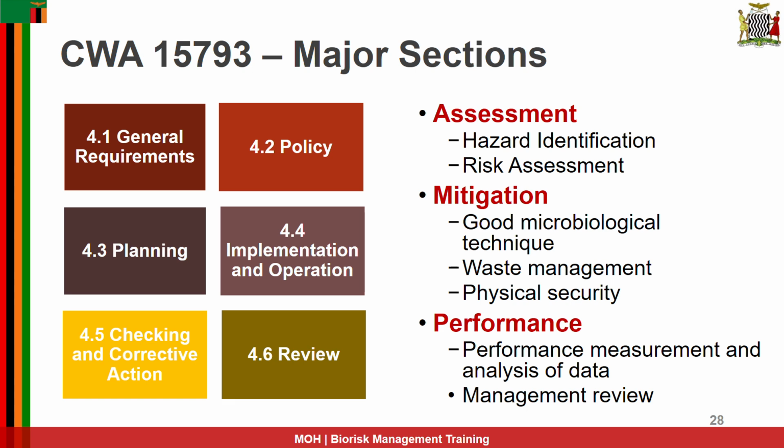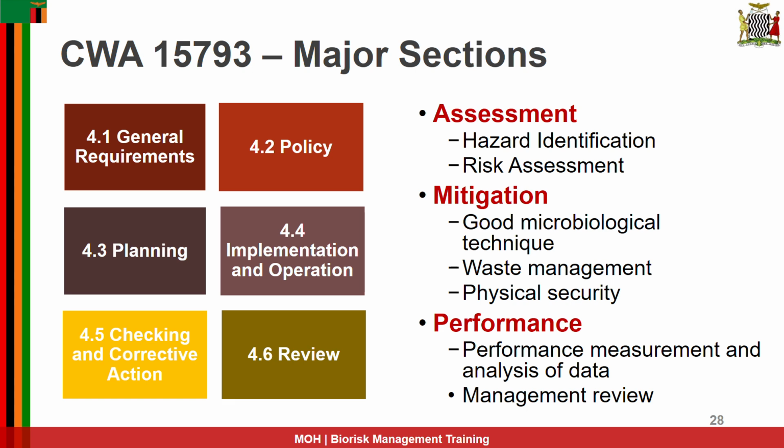And then under 4.4, this is where you're going to have your implementation and operation. Under implementation and operation, this is where most of the information is. This is where it gives you the different types of implementation strategies or measures that you can put up if you find that your risks are unacceptable. So there's quite a lot of information under 4.4. Then under 4.5, you're going to have checking and corrective action.